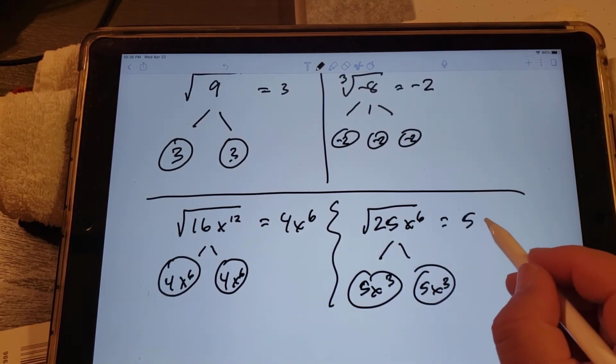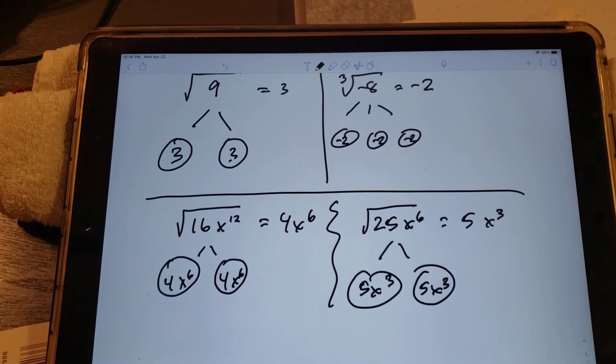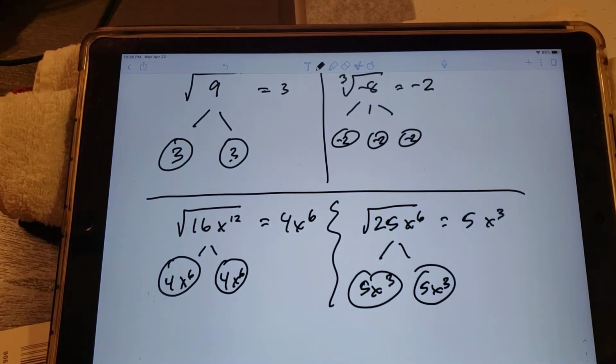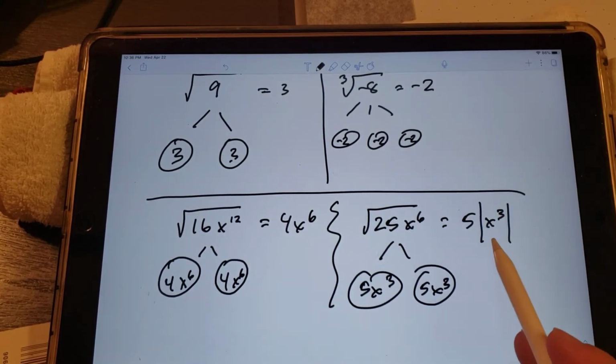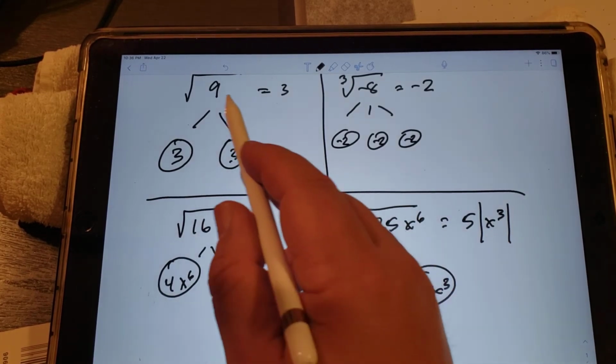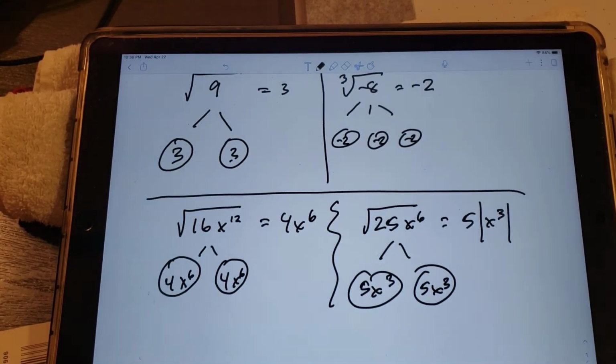You might think the answer should be 5x cubed. But here is the point of this video. The correct answer is 5 absolute value of x cubed. And that absolute value was not required in any other problem, but it was required here.